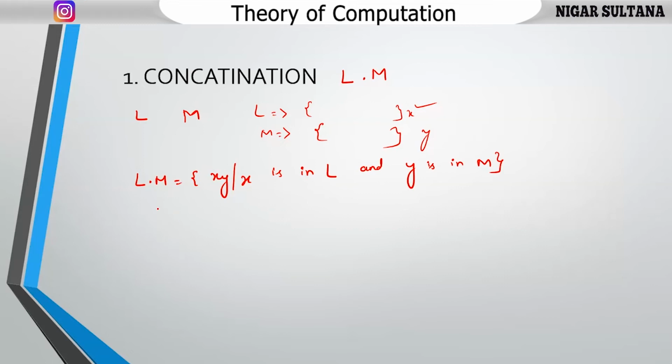Suppose L contains 0, 0 1, 1 1 0. Then M contains 1 0, 1 1 0.